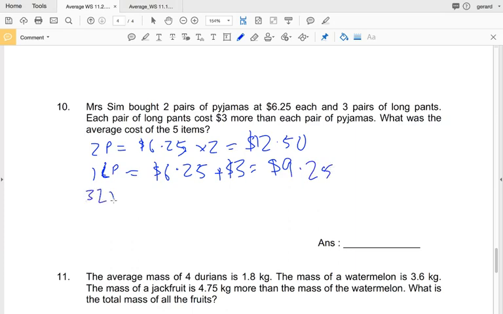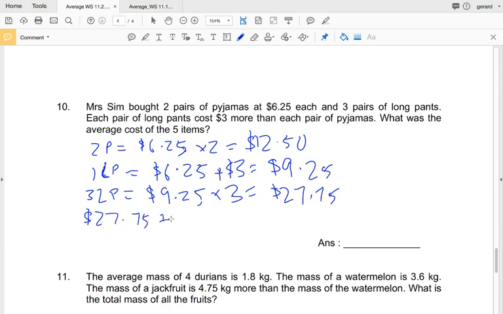3 long pants equals $9.25 times 3 equals $27.75. Okay, add the 3 long pants and the 2 pajamas together, you get $6.25.